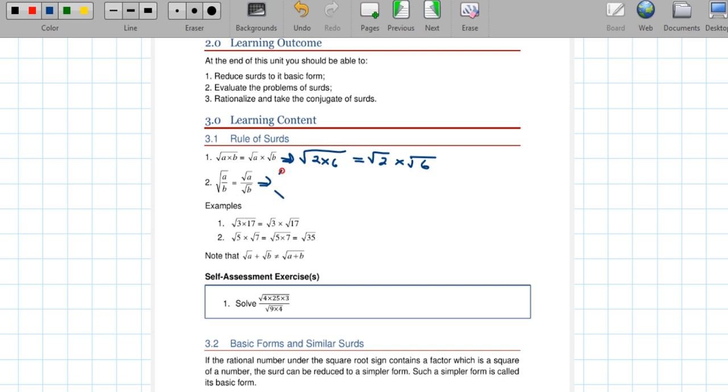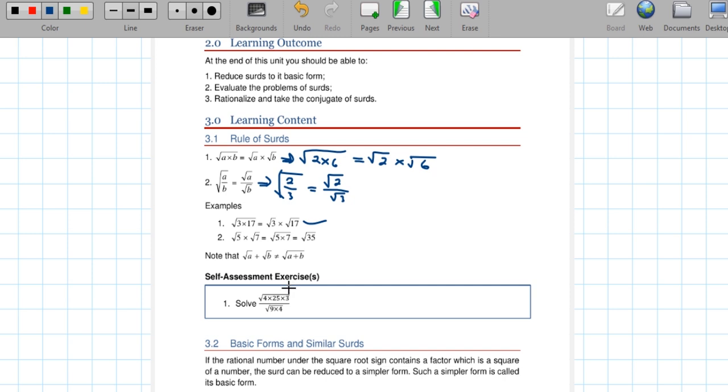If you have the square root of 2 divided by 3, this is the same thing as the square root of 2 divided by the square root of 3. That is what the division rule is talking about. We have some examples similar to what I've done here.